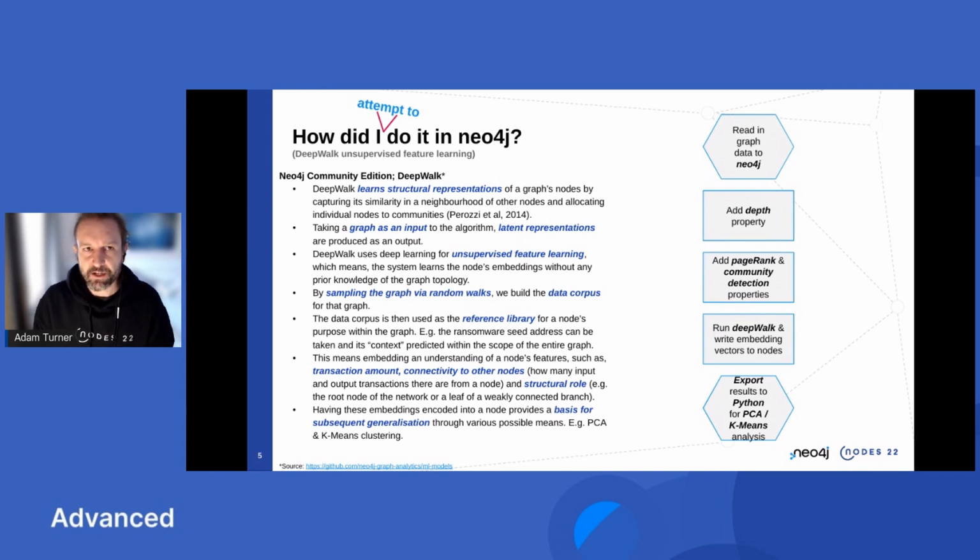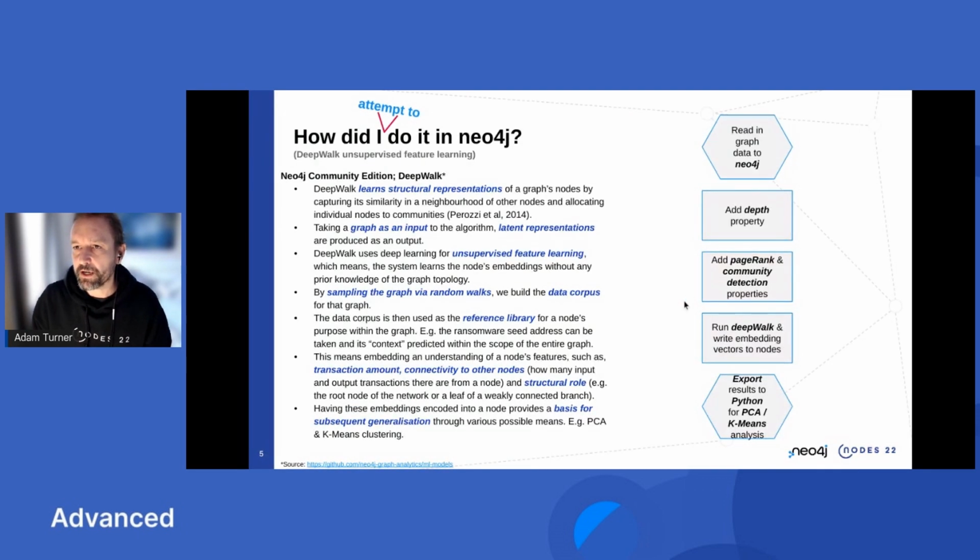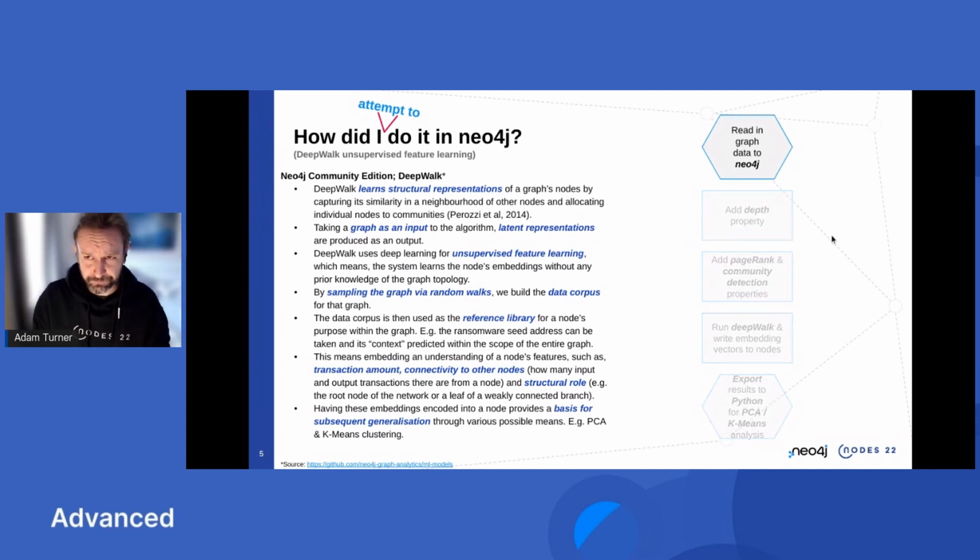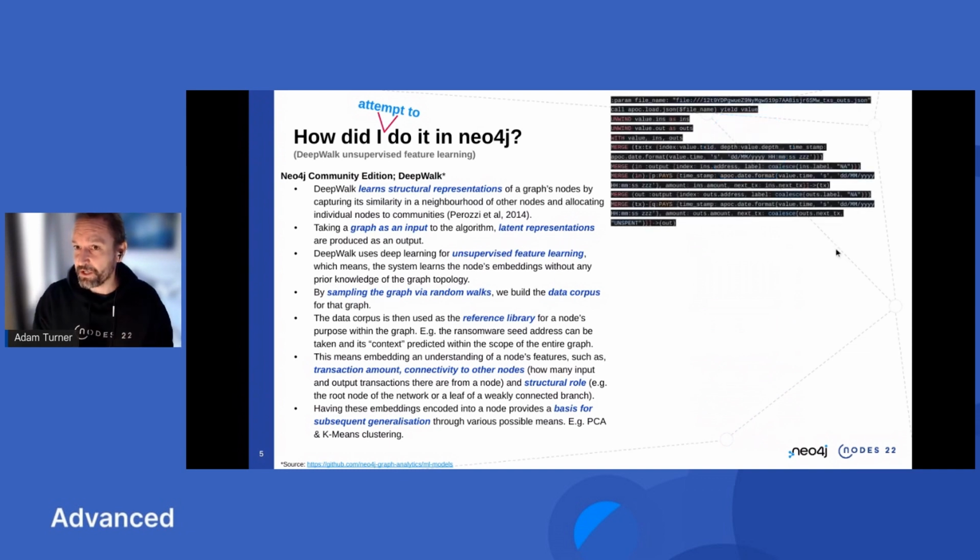Okay, so if I step through this flowchart here, as I said before, I needed to read in the data into Neo4j. So what did that mean? That means using, let's say, the APAC load to read in my JSON file. When I did my data collection, I had a big JSON file which basically formulated the graph that I was interested in.